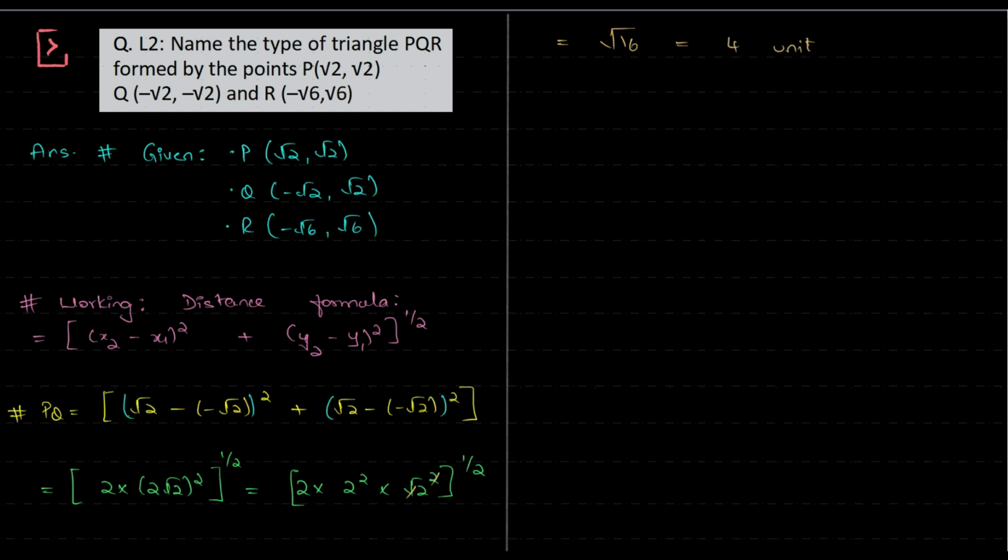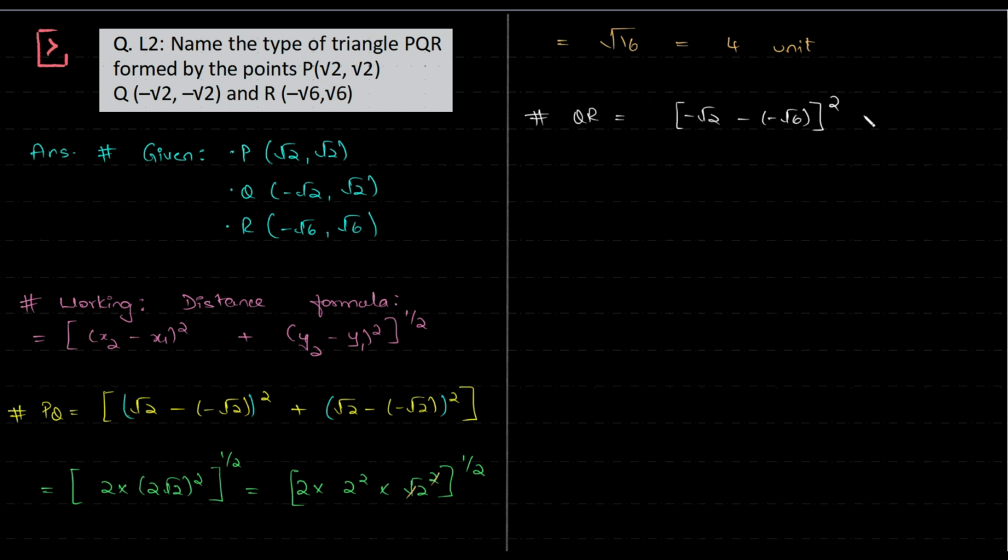That's a good number. Then we have QR, which again is, I'll use different brackets. Minus root 2 minus of minus root 6. Minus root 2 minus of minus root of 6 the whole square. Okay guys, I'll use square brackets. It will help you differentiate it.